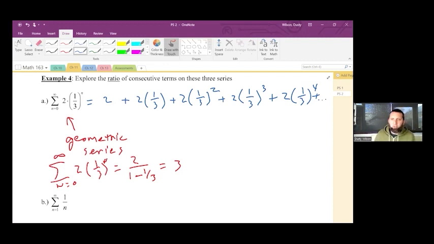And what I'm going to do is look at consecutive terms. It doesn't matter which ones, but maybe I'll look at these 2 terms here. And so I'm going to look at the ratio. Ratio means division. So I'm going to look at the ratio of the second of the highlighted terms divided by the first.